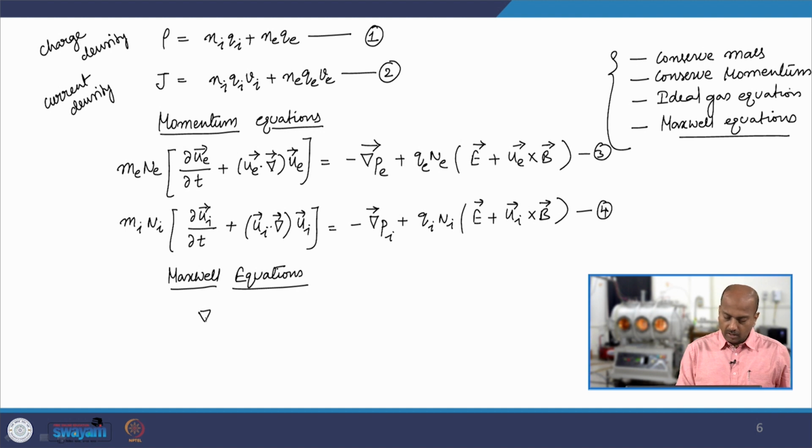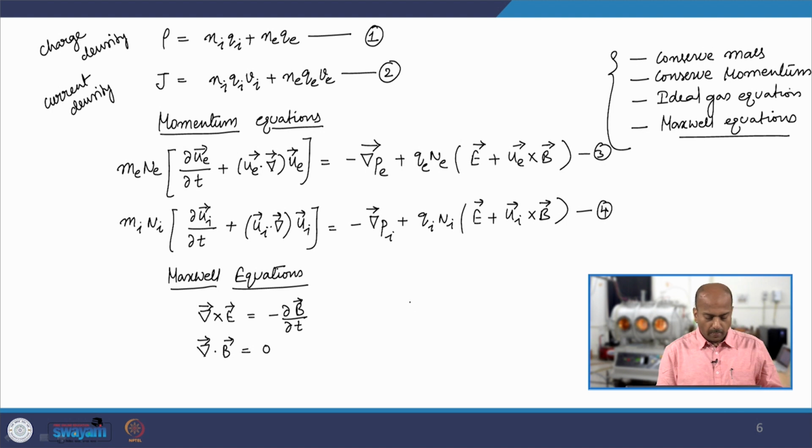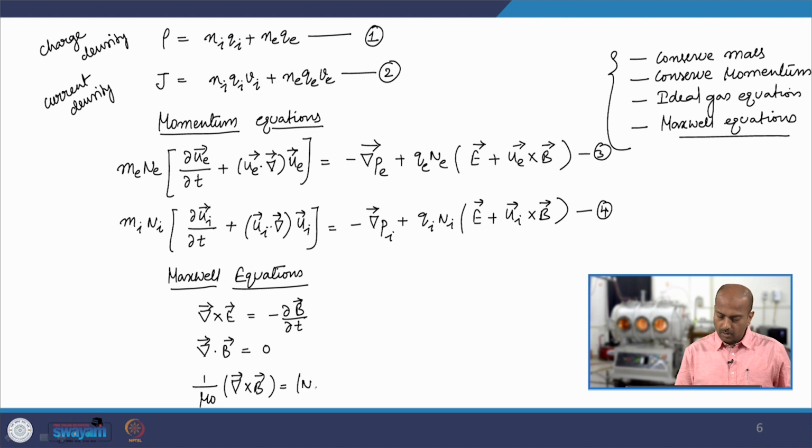So, Maxwell equations are del cross E equals minus dou B by dou T, del dot B equals 0, and 1 by mu naught del cross B equals Ni Qi Ui plus Ne Qe Ue plus epsilon naught dou E by dou T.